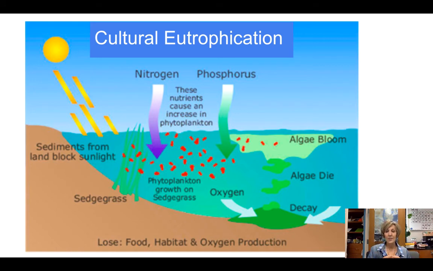So as the population of the decomposers, the bacteria and the fungi, increase to eat this dead stuff, the oxygen layer plummets in the water. And so that sucks the oxygen away from all the other organisms, and you end up having a situation where you have very low oxygen that affects all of the creatures in my aquatic system.